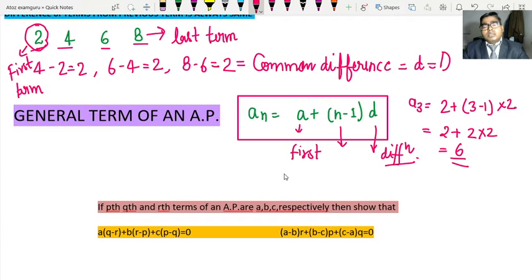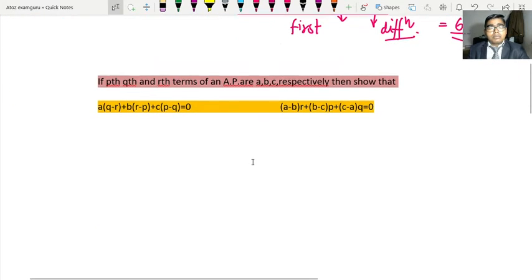Now let us see some conceptual questions based on this formula a n equals a plus n minus 1 into d. These are very important questions which frequently come in CBSE, ISC, UP board, and some other state board examinations, and in JEE Main and Advanced. So let us see.